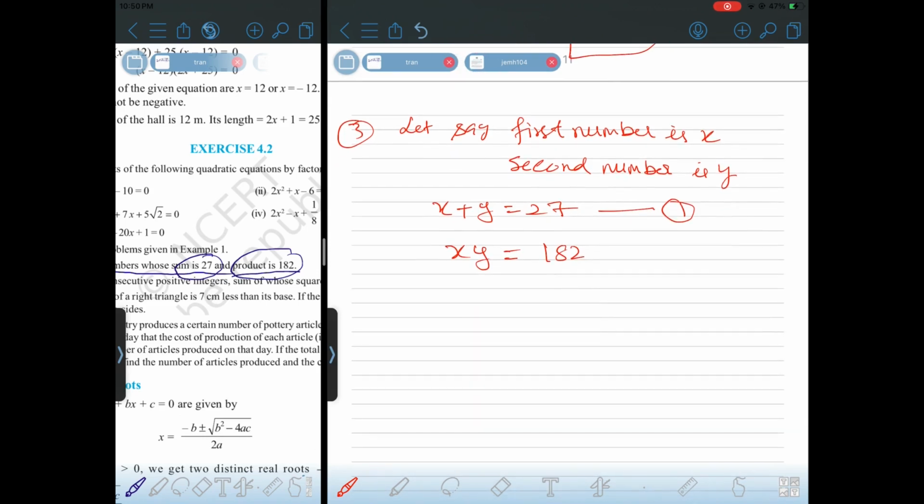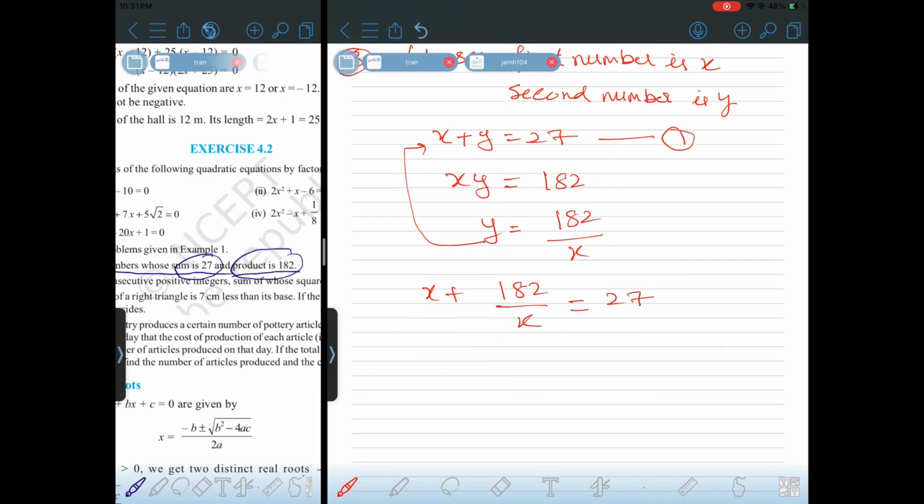So now to solve the values of x and y, we can put y is equal to 182 upon x into equation 1. So putting this in equation 1, x plus 182 upon x is equal to 27, right?